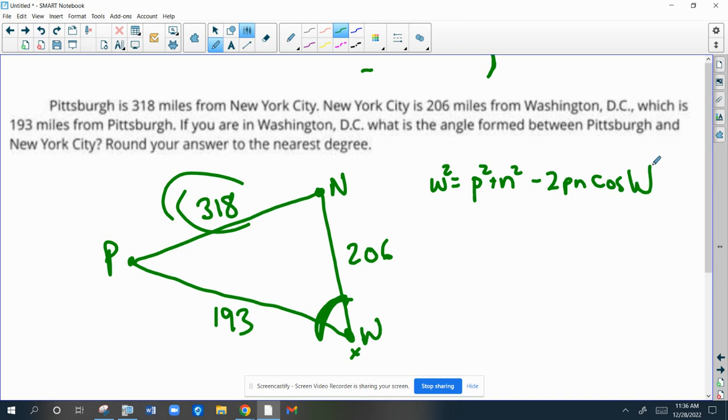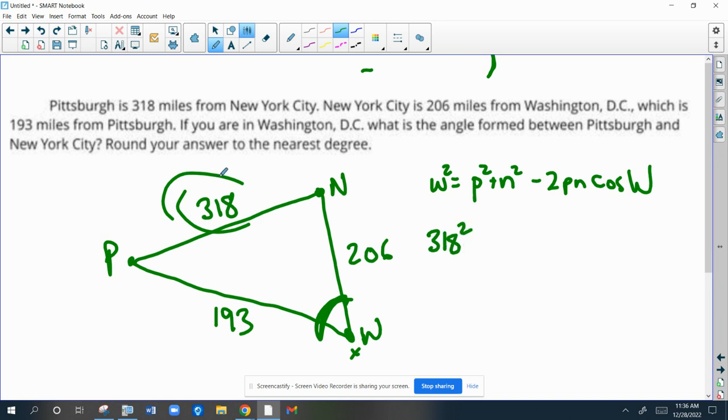So I'm just using letters related to what I'm given, but it's the same thing. A squared equals b squared plus c squared minus 2bc cosine of A. Anyhow, you don't even have to use letters. Just fill in the numbers based off the relationships. So here we go. W squared is 318 squared.